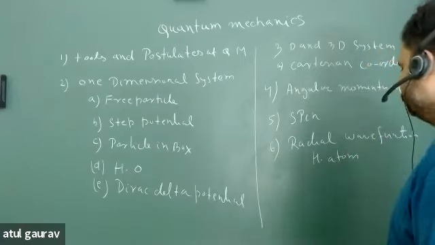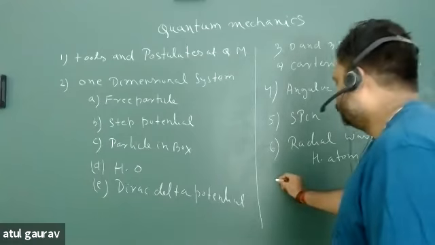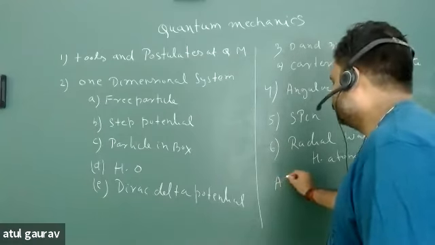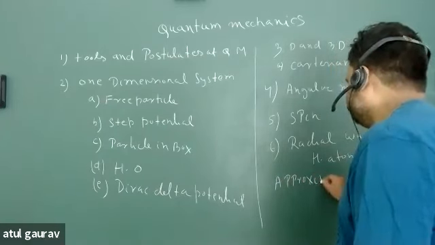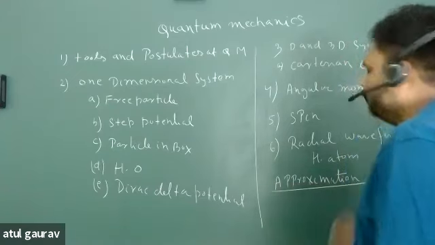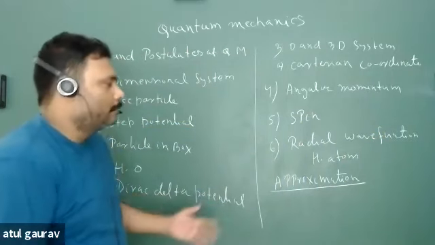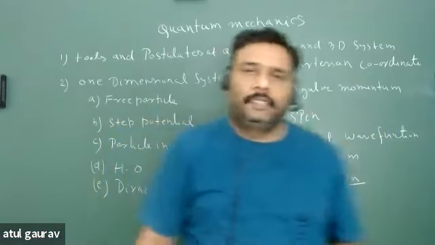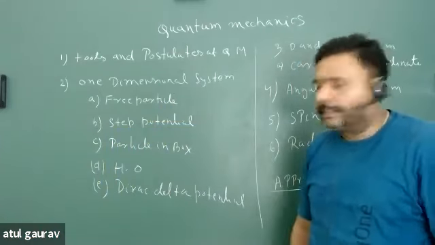And after that, once we finish all these things, we will go for approximation methods. In the approximation methods, we have different types of mathematical methods that will be used to understand the quantum mechanical system.